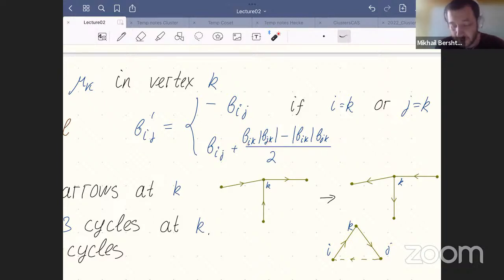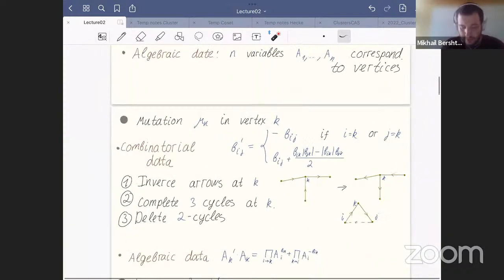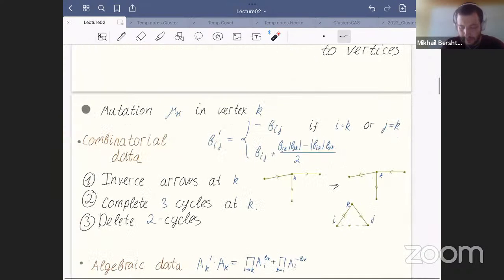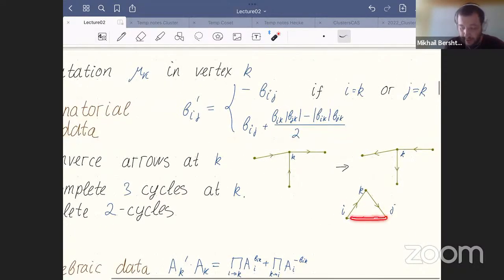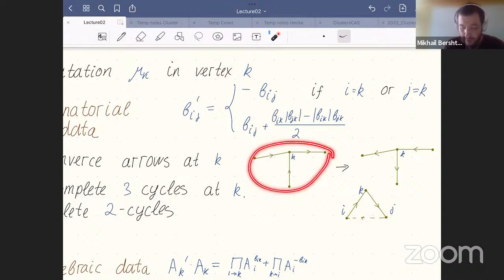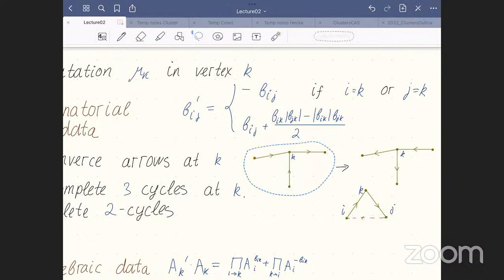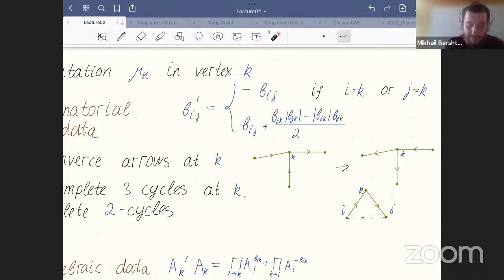Could you, excuse me, could you complete the example about this D2? Like which arrows should we add? So in this case, we add such an arrow.